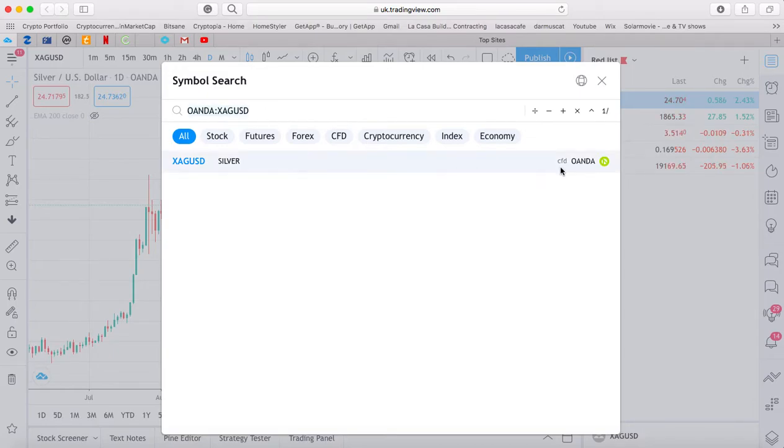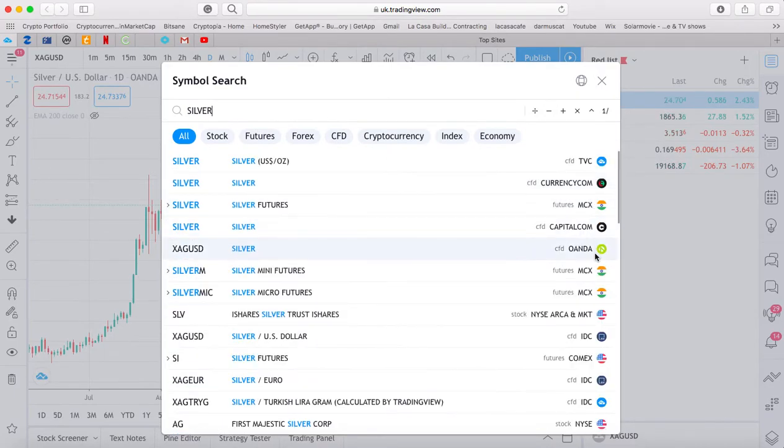I always recommend that you guys open up Oanda. It's one of the best trading platforms, and they give you a very accurate price. So just try to stick with one of these guys. You can either find Oanda or FXCM. Just type in silver and find Oanda.